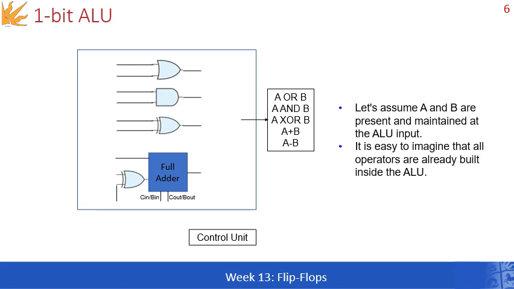Now, let's see step by step, remind ourselves how that works. So inside a 1-bit ALU, you have an OR gate, an AND gate, XOR gate, and a full adder.